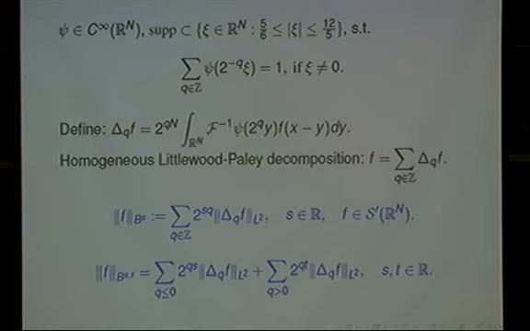Basically, we are looking at the homogeneous Besov space. You start with a test function with support here. With this condition, you use the inverse Fourier transform and define this operator, where Q is here. Then you look at this Littlewood-Paley decomposition, and you define the norm in this way.